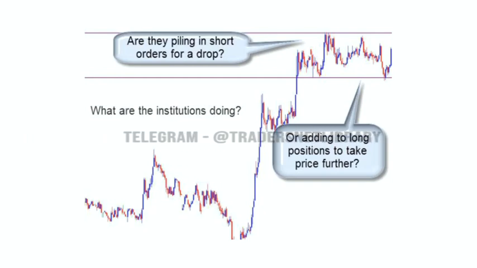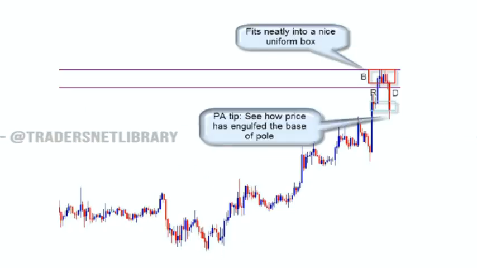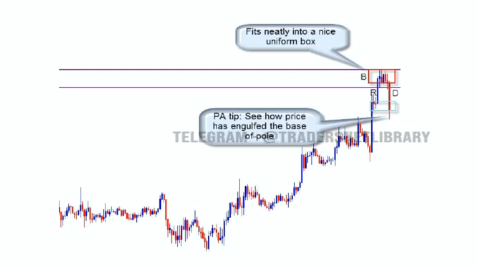This lesson works vice versa for pulls down. Price will very often flag at the top of the pool, as the institutions either begin to add long positions to take price higher, or begin to hide short positions to turn price. Seen in a slightly higher time frame, this is a very uniform cap on price, and in every time frame there is a really strong pull moving down from it.